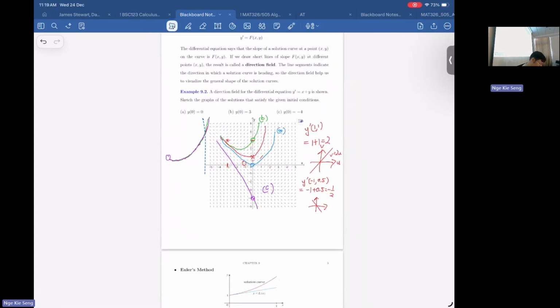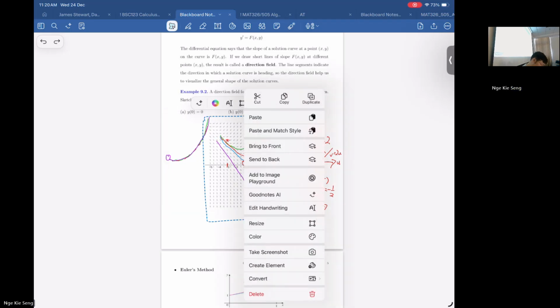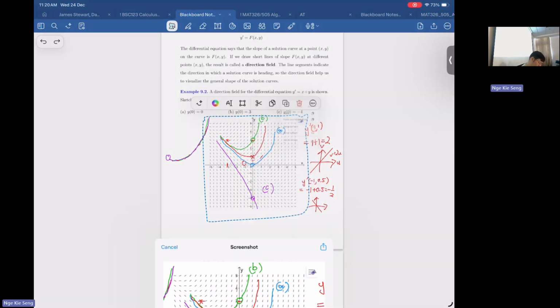Maybe let's copy this. How can I screenshot it? Yeah, that's a screenshot. Good.